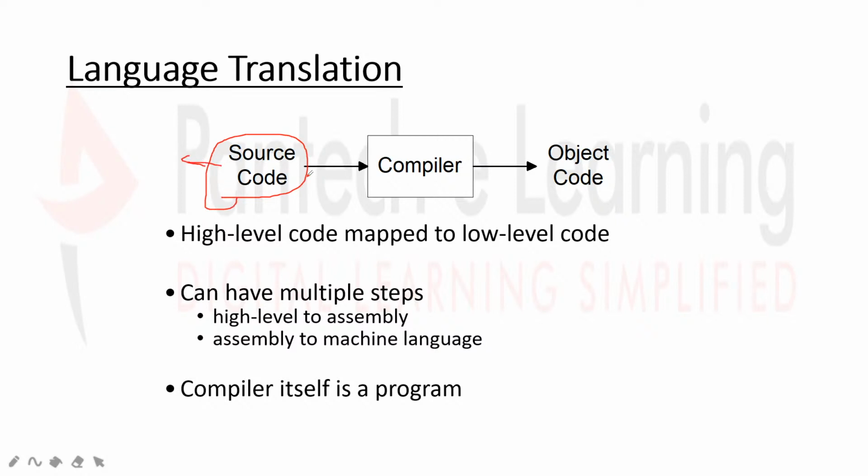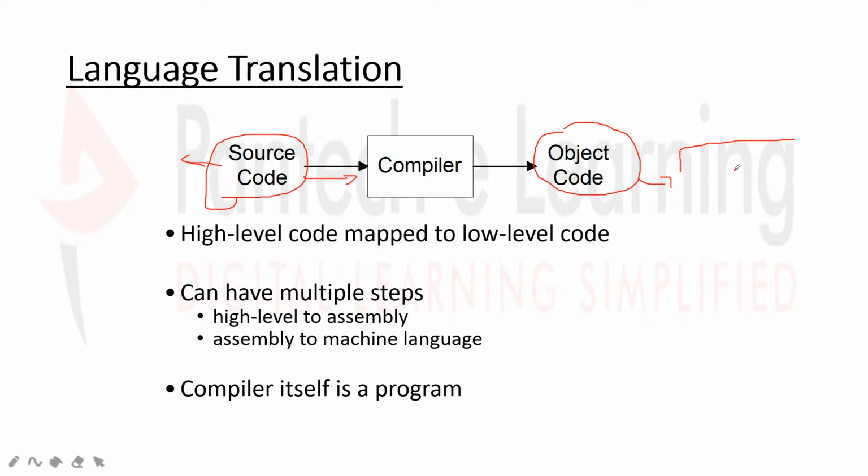If I give source code to the compiler, the compiler will automatically generate an object code. The object code is something that will be understood by the compilers, particularly like Java.